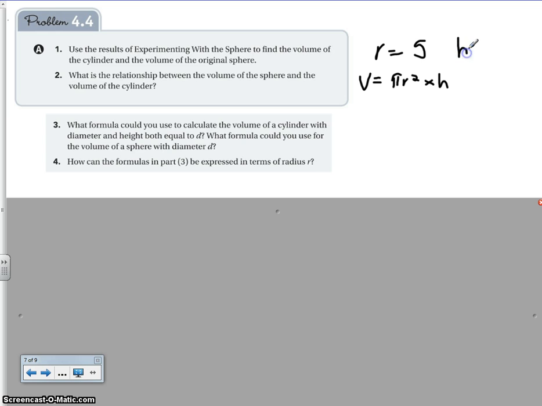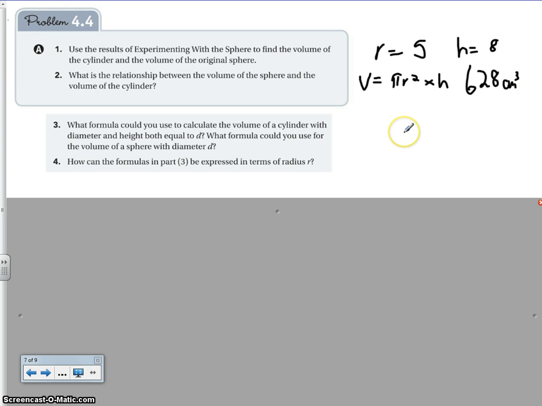And we'll call the height 8. Okay, so then you would plug in your numbers. r squared is 25. So 3.14 times 25 is 78.5 times the height is 628. 628 would be the volume of our cylinder, we'll call them centimeters.